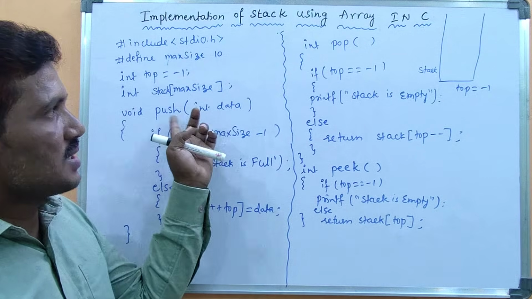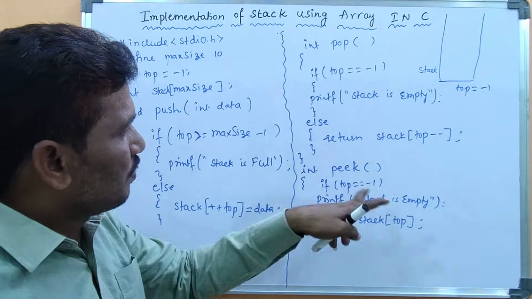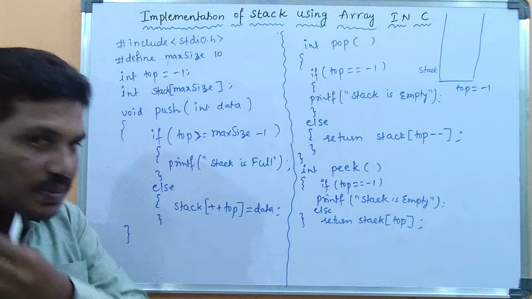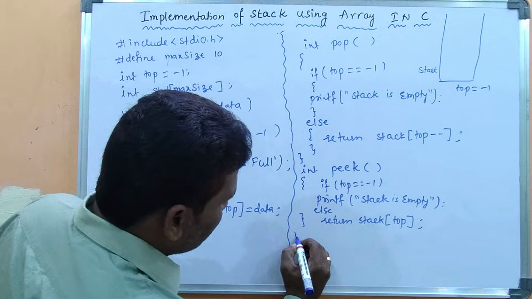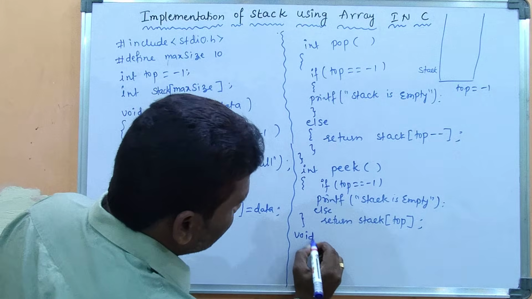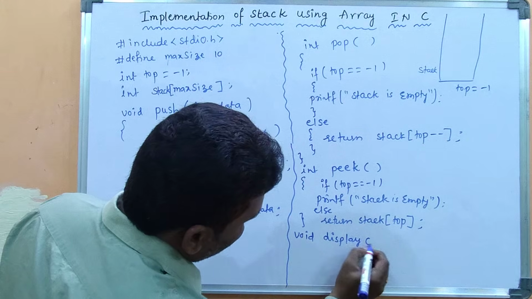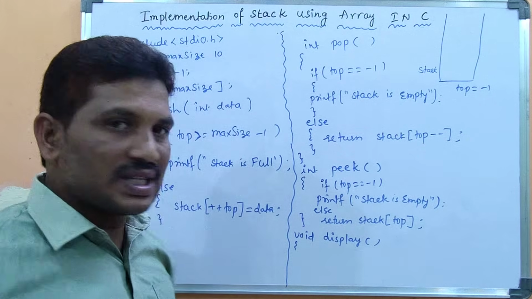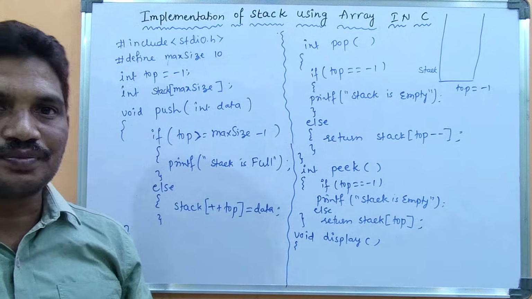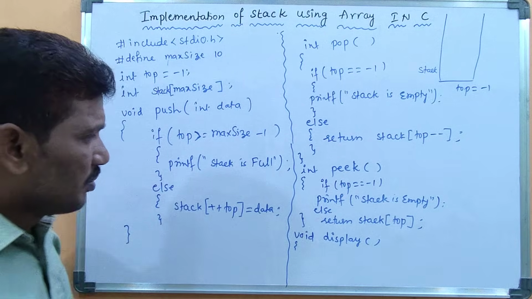The push operation has completed, the pop operation has completed, then peek, then display is required. While using the display function, before displaying you need to check whether the stack is empty or not.